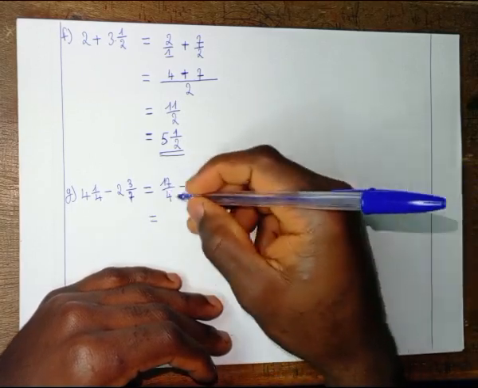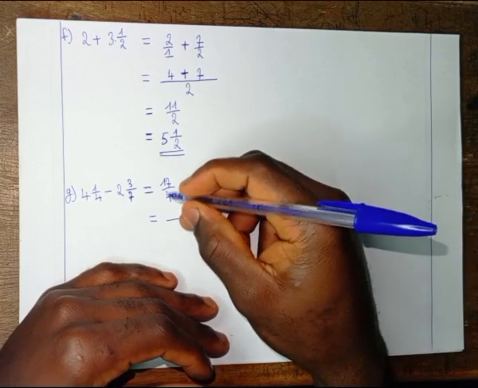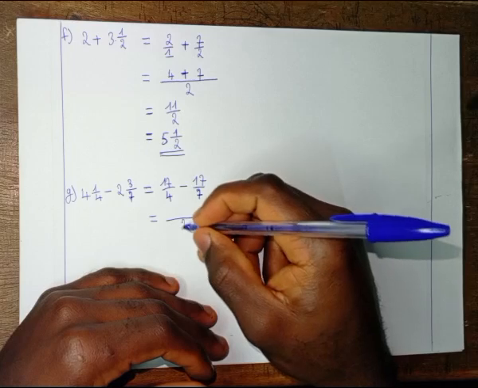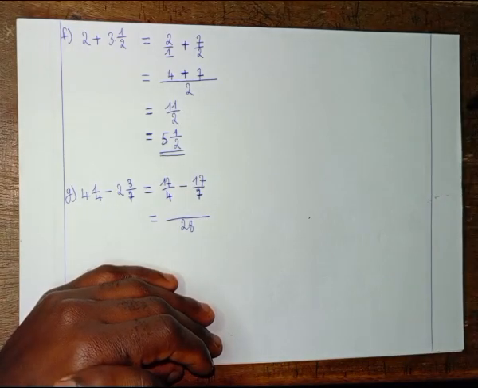Next, we have to subtract these two fractions. We start by finding the LCM. The LCM of 4 and 7 is 28. 28 divided by 4 gives us 7.